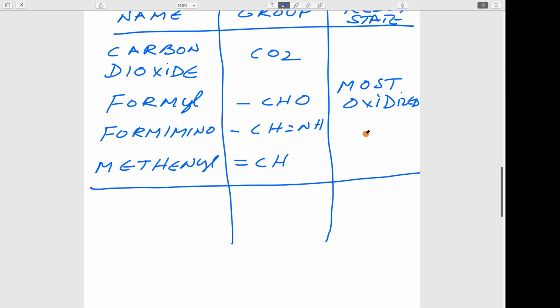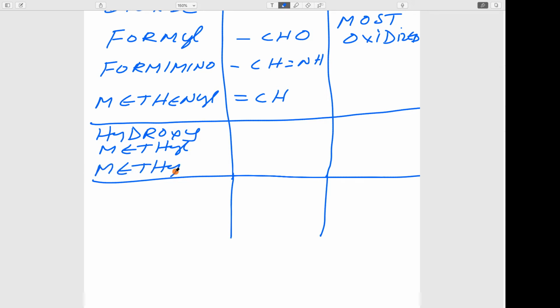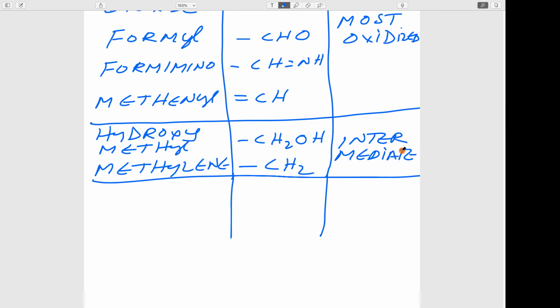Next, I will take up the intermediate level, and then the most reduced. In the intermediate level there are two: hydroxymethyl, whose formula is CH2OH, and methylene, CH2. These are at the intermediate redox state.